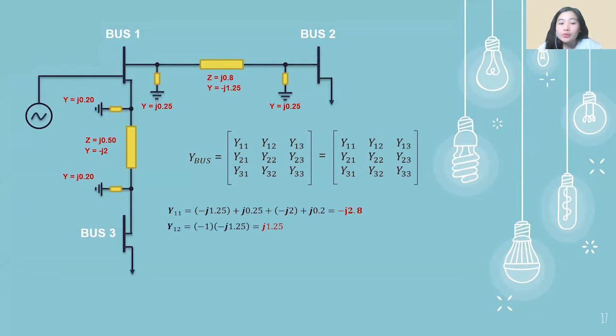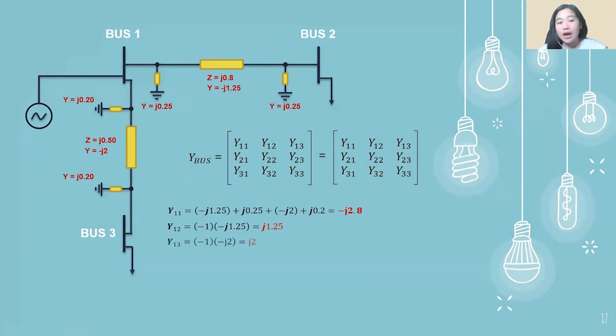So our Y12, as I've said earlier, it has to be multiplied by -1. Tapos yung value natin ng admittance that is connected to bus 1 and bus 2, and that's only negative J1.25. That's the only admittance that is connecting our buses 1 and 2. So if we multiply that with -1, we get a positive J1.25.